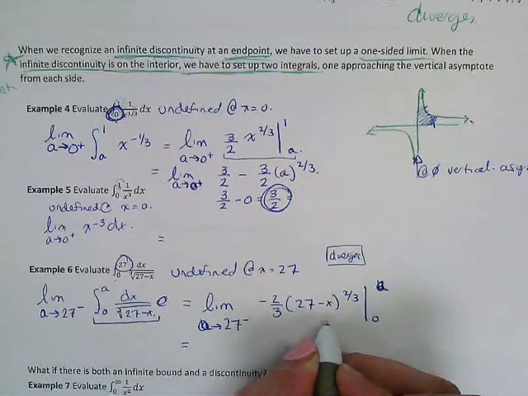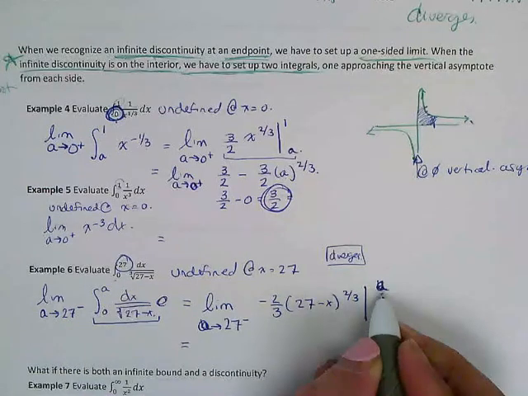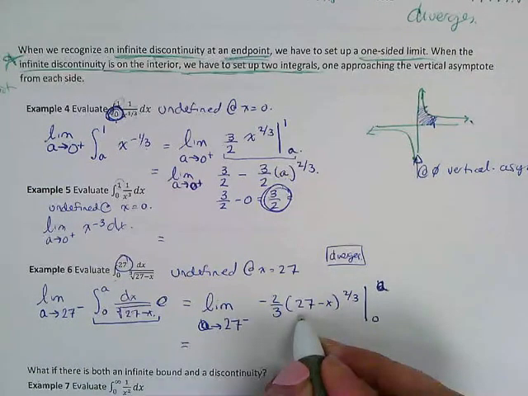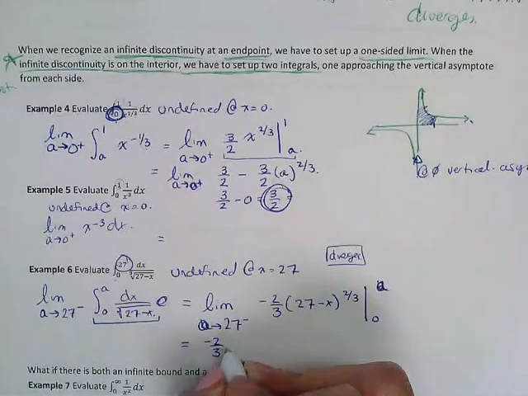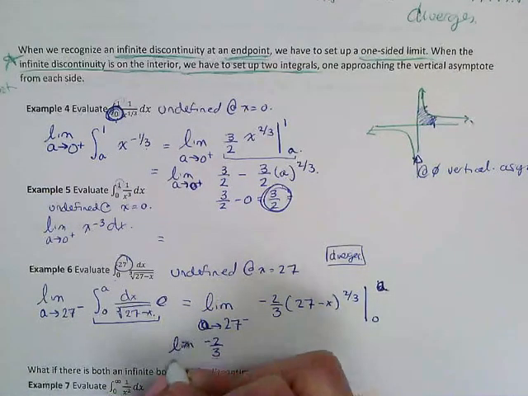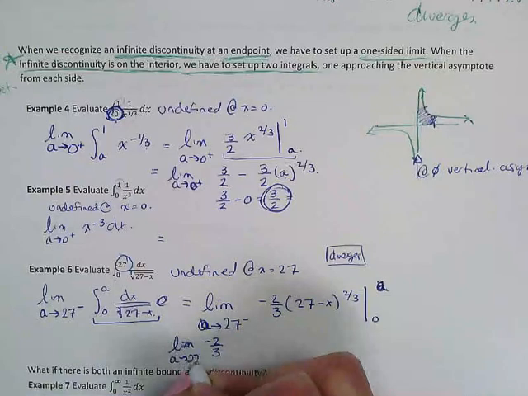So if you plugged in your a, you would get negative 2/3. We're still with the limit, we haven't really used that yet.